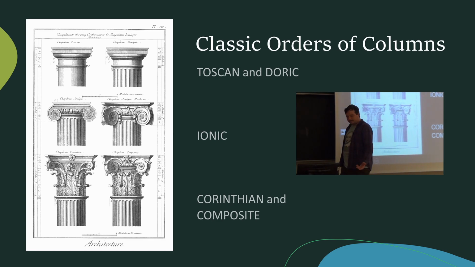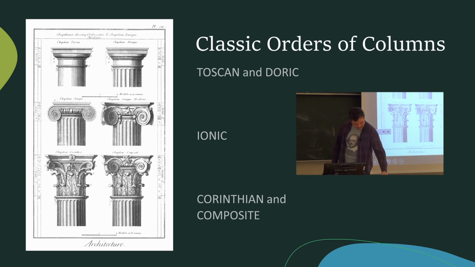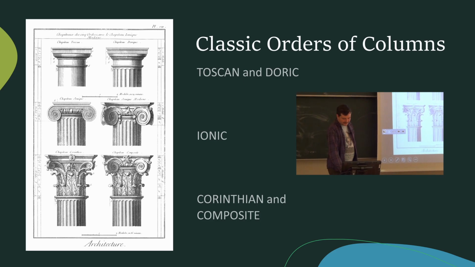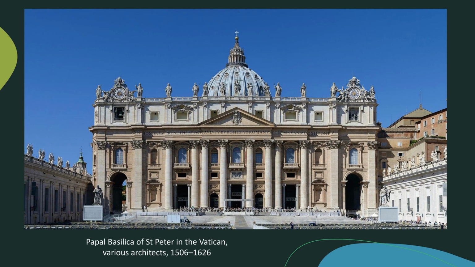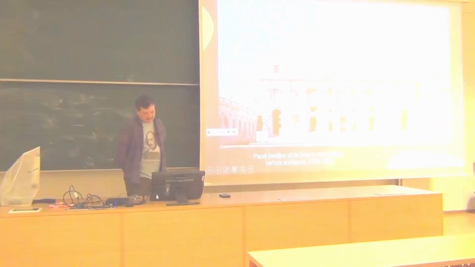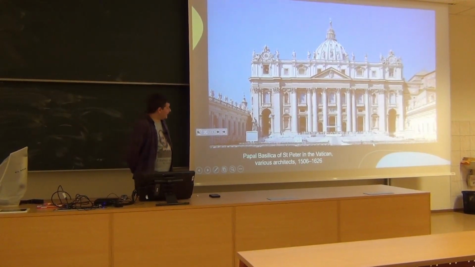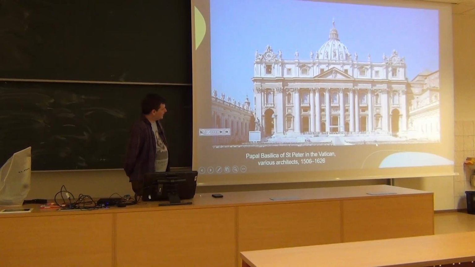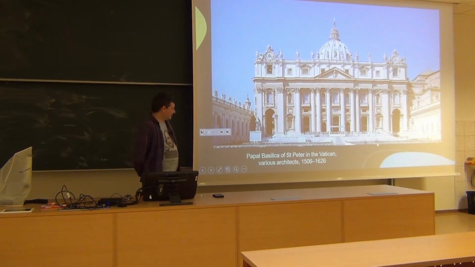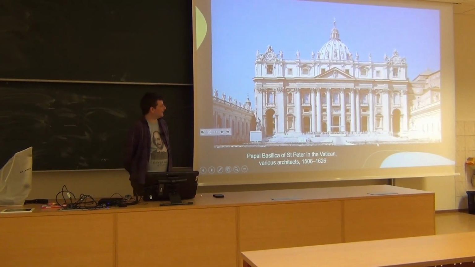So, these are the columns, and we still have 5 minutes. So, an example, St. Peter's in Vatican. It's a majestic, huge building, and as you can see, it was built for 120 years by various architects. There's a dome on the top.